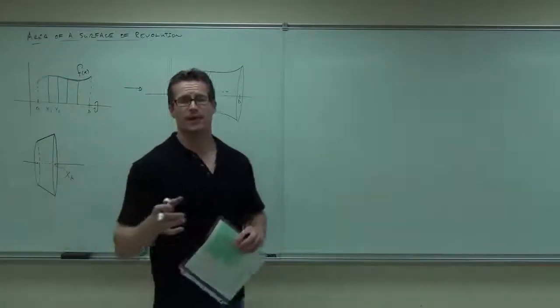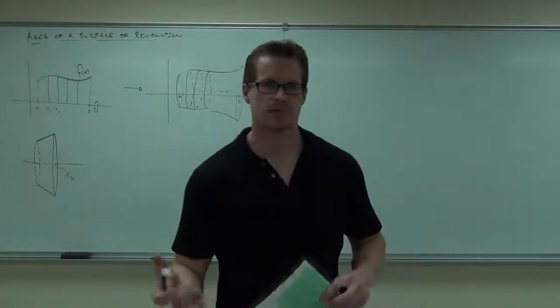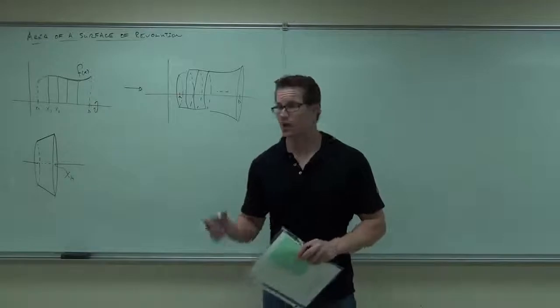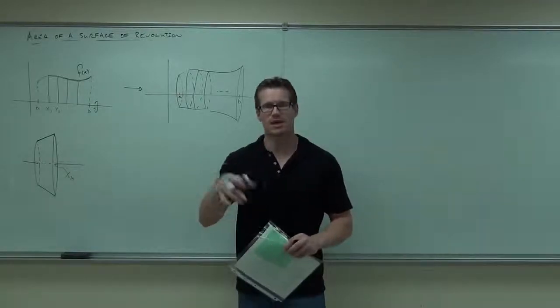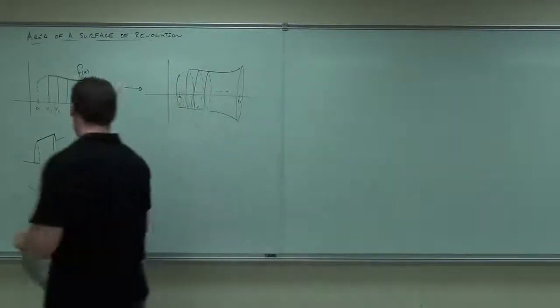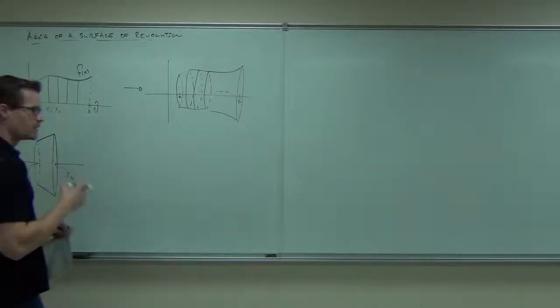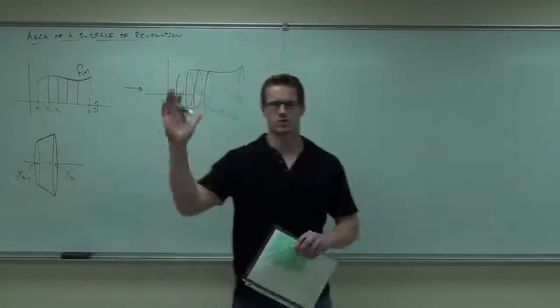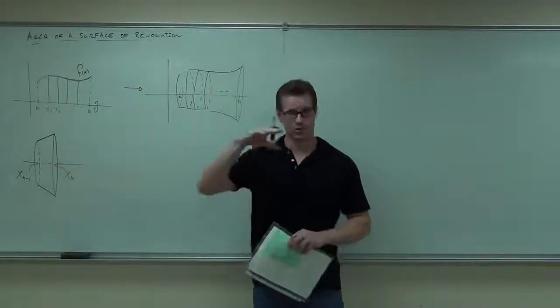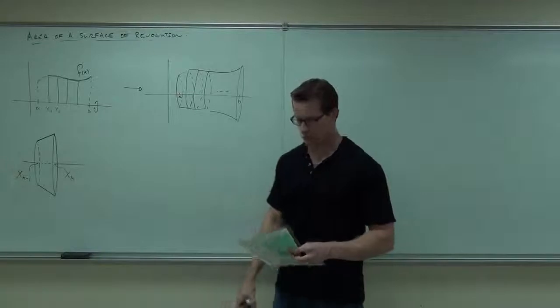And if I do that, what's the one right before x sub k? Well, it's just the previous one, so x sub k minus 1. So we now know where the frustum is going to start and where it's going to stop, where the surface area is going to start and where it's going to stop.